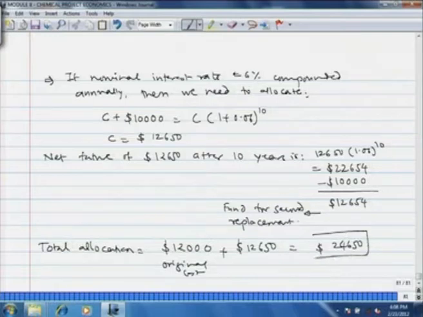With this much of investment, the equipment will perpetuate itself.